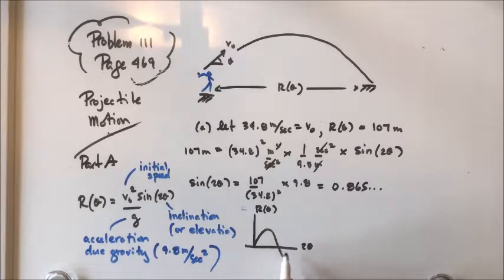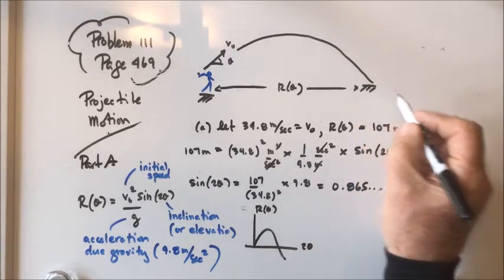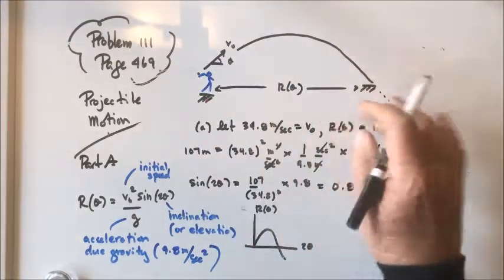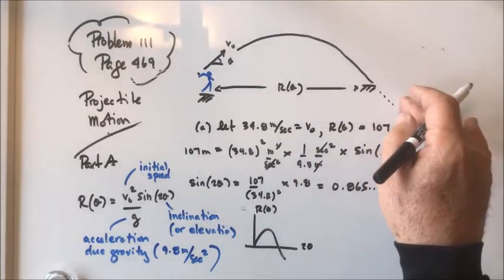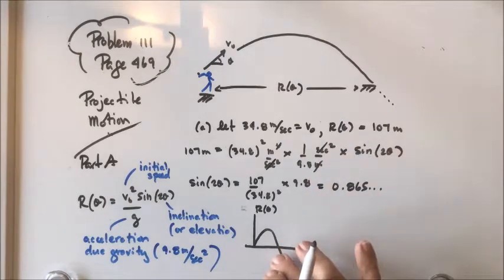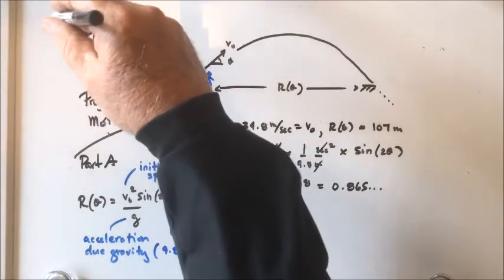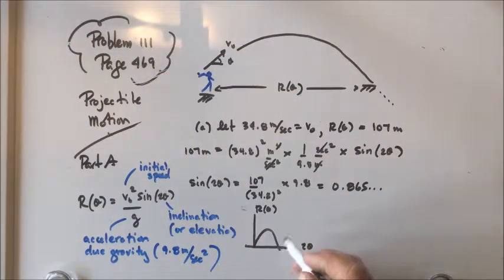And I don't think we care about this part where r of theta is negative. It's what happens when you start to throw the ball backwards, right?